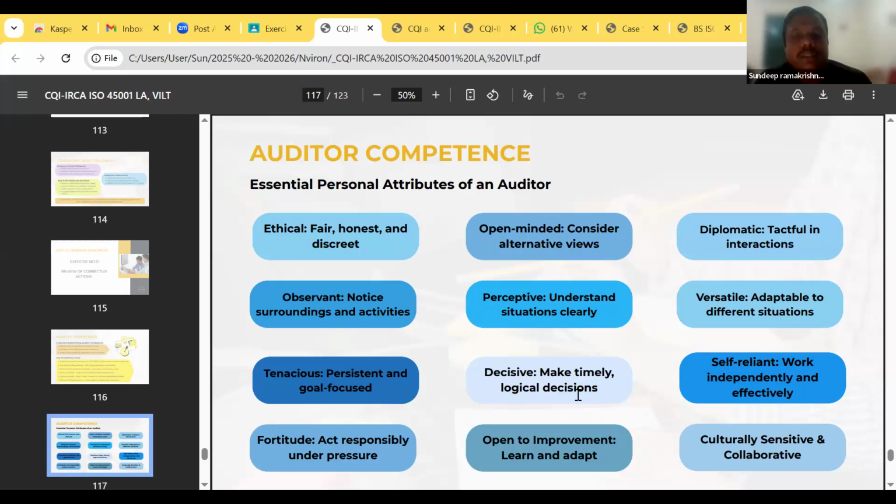All these skills you need to develop in yourself to handle various situations, because every auditee is going to be different, and they will always defend their organization. No auditee is going to accept any non-conformity just like that, because they know that they are running their process successfully, right?